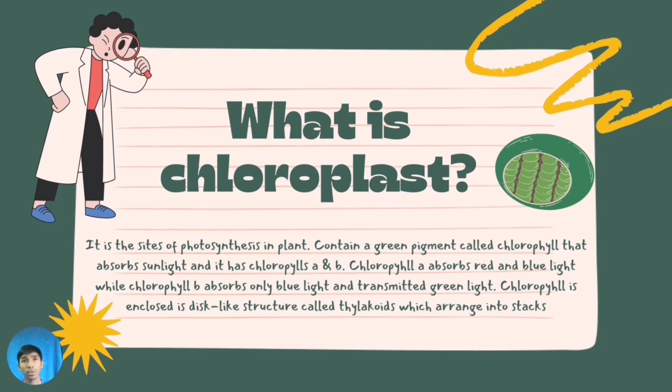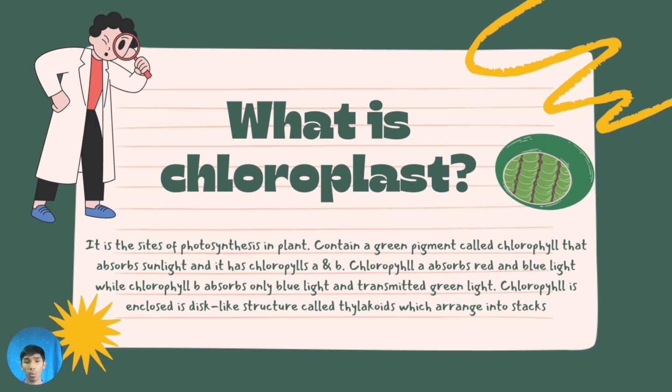Basically, photosynthesis is carried out by the green pigment chlorophyll. Chlorophyll is located in the chloroplast. So what is chloroplast? Chloroplast is the site of photosynthesis in plants. It contains a green pigment called chlorophyll that absorbs sunlight, and it has two types of chlorophyll.